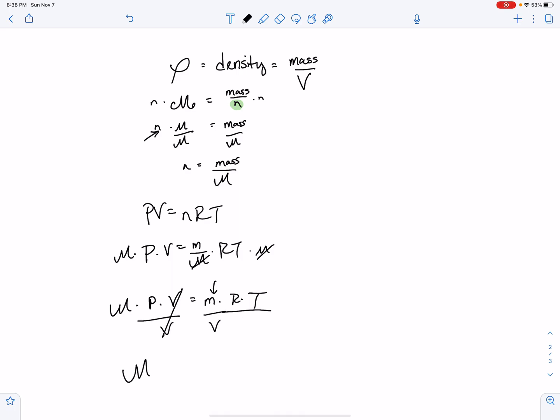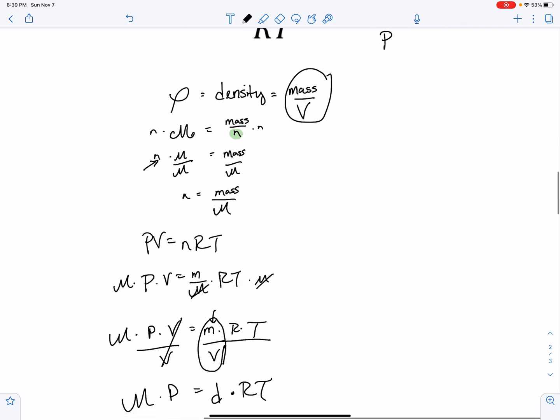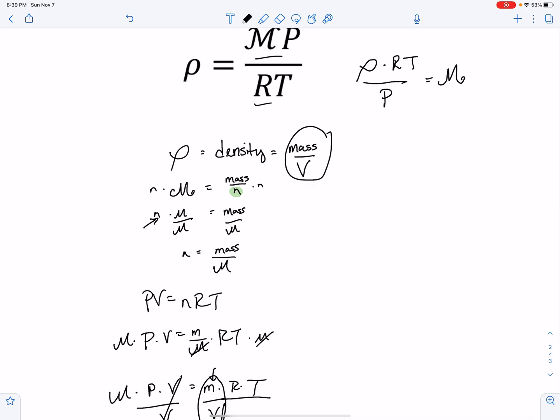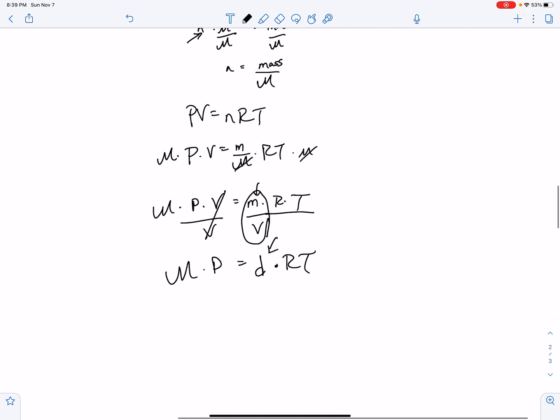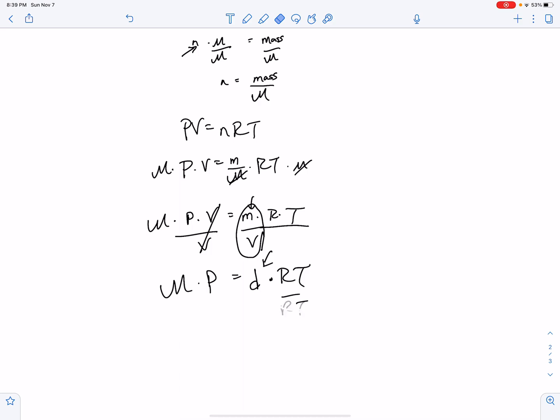So I have molar mass times P is equal to density times RT. And then depending on where you want to go with that equation, you can either solve it for the density, which is MP over RT, because you're just dividing both sides by RT, or you can solve it for M by dividing everything by the P.